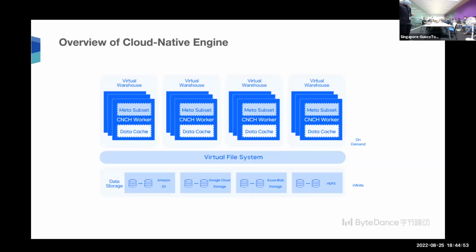Also, if each user wants to scale their cluster warehouse, they can just apply for more machines and add them into this pool, so the computing resource can be scaled on demand. It can be scaled independently from S3, or from the storage layer. So this is an overview of our new engine.